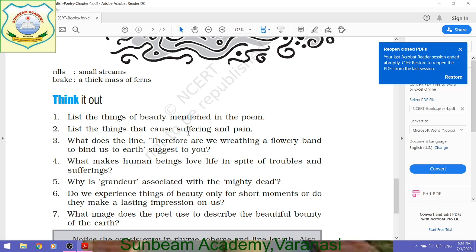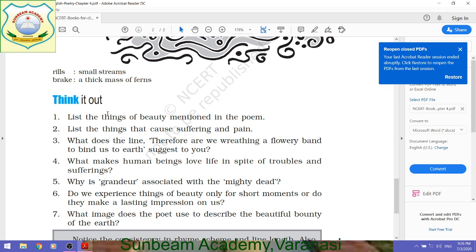There are no long answer type questions from the poetry section being asked in your board examination, so you don't have to bother about giving a long answer. Rather you have to write the answers in 30 to 40 words each only.